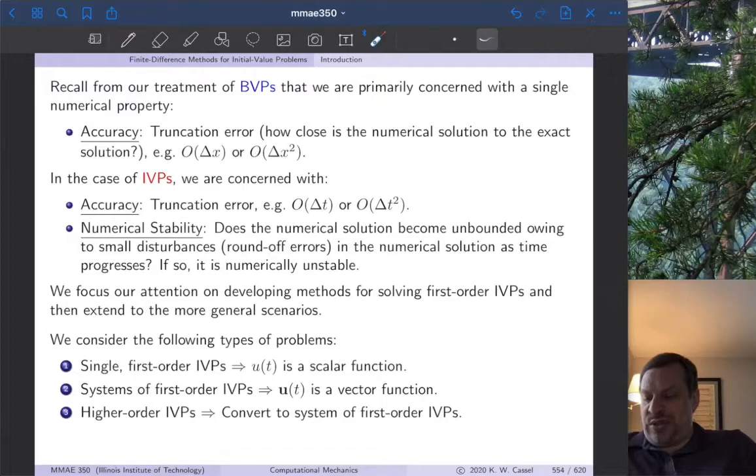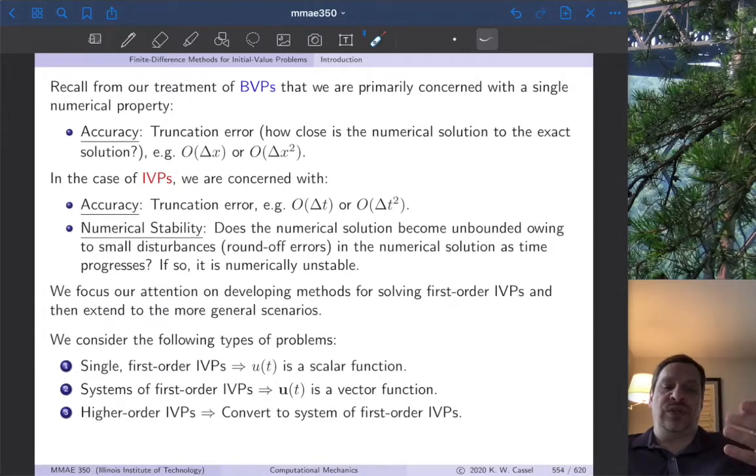But in addition to accuracy, we also have an additional property that we're going to be concerned with, which is a little bit more difficult, and that is numerical stability. Because there are always round-off errors in our solutions, which we've talked about before, the question is what happens to those round-off errors. They're always there. They act like disturbances within the solution.